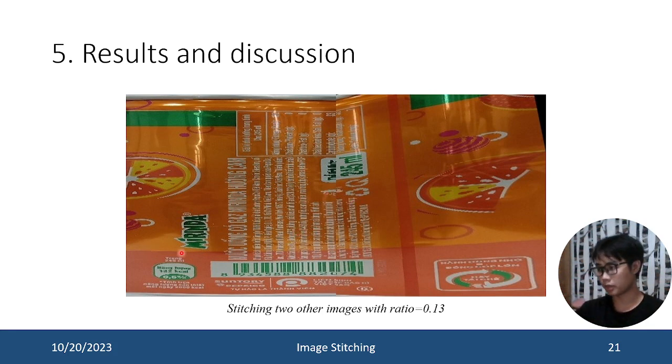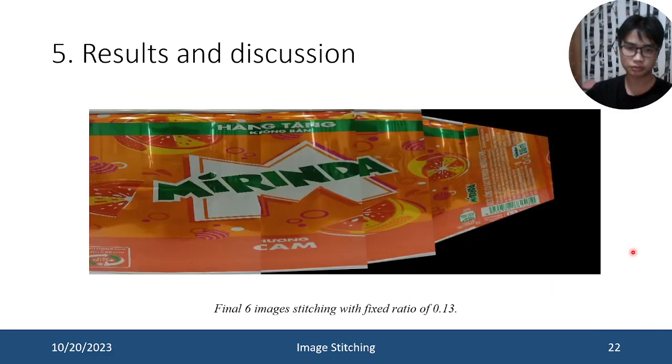In general, when performing stitching with the cut ratio of 12%, it generates a good result. However, when using the ratio on consecutively connected 6 images with 6 viewpoints, the result is not as expected, as shown in this figure here.